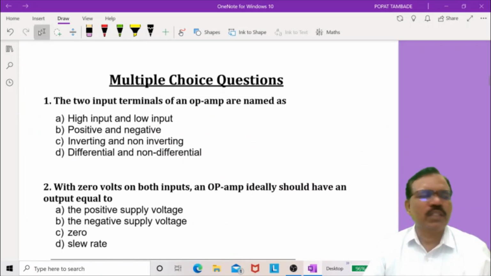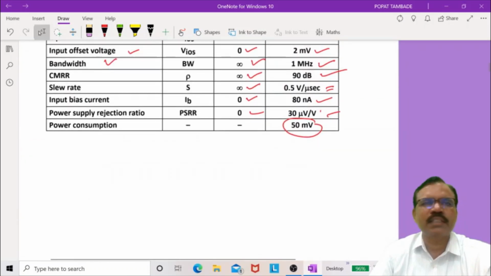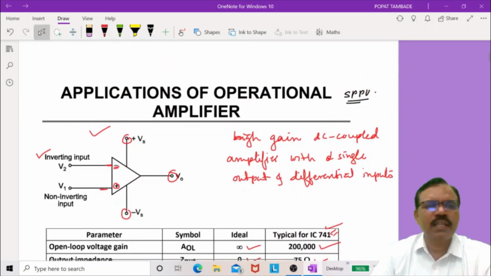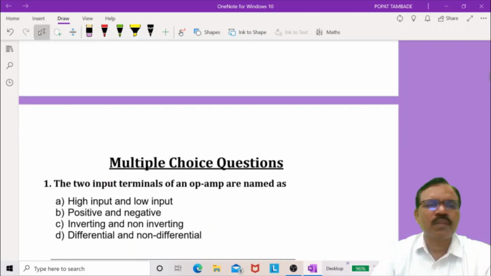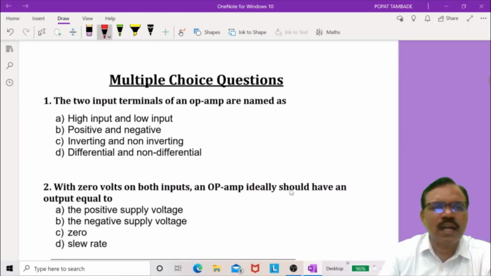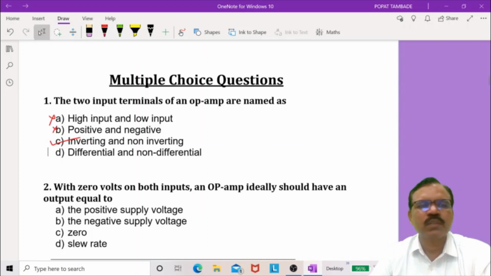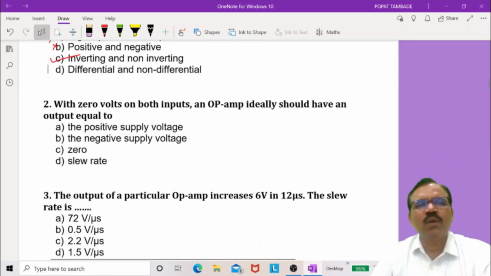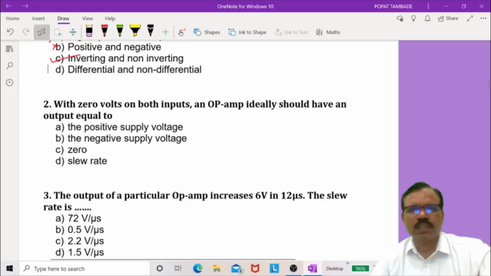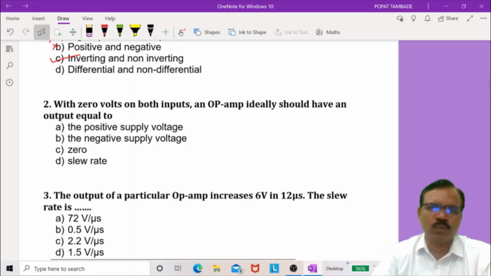Now here, multiple choice questions. The two input terminals of an operational amplifier are named, as we have just seen, inverting input and non-inverting input. So out of these options, inverting and non-inverting is correct. With 0 volts on both inputs, an op-amp ideally should have an output equal to what?